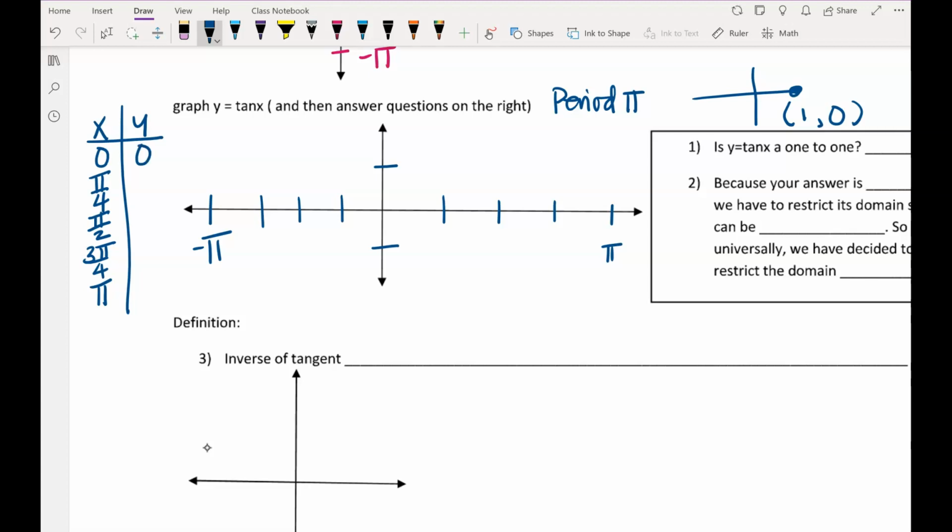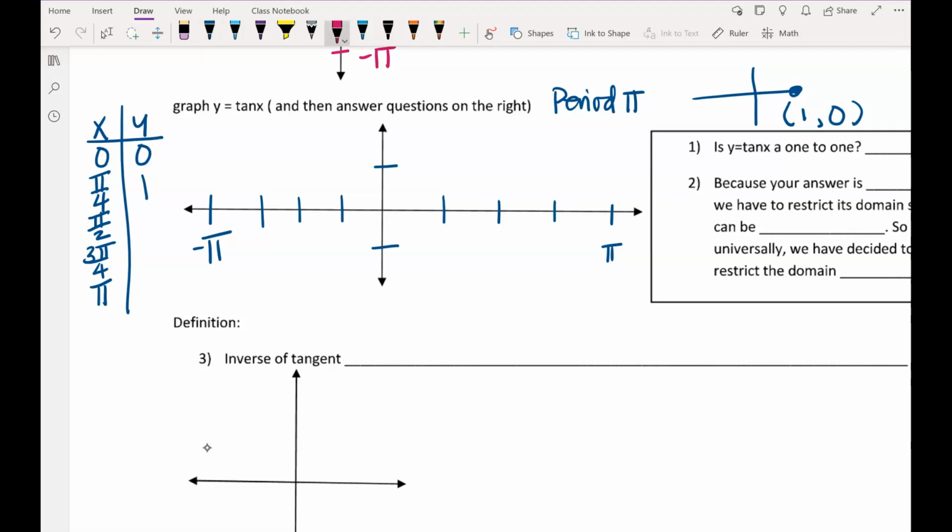Okay. What's sine of pi over 4? 1, yes. Okay. So Nick, what is, I'm sorry, not sine, tangent. Nick, what is tangent of pi over 2? How do you know?